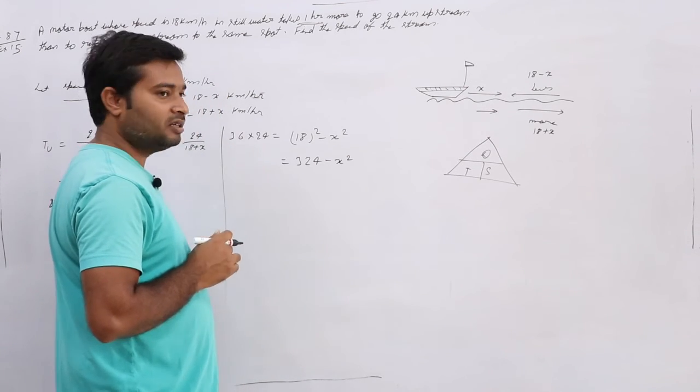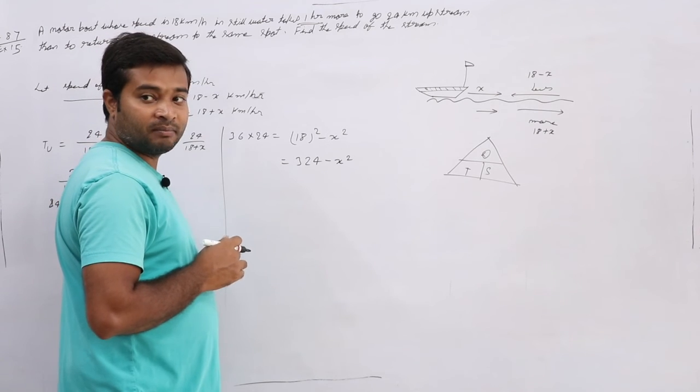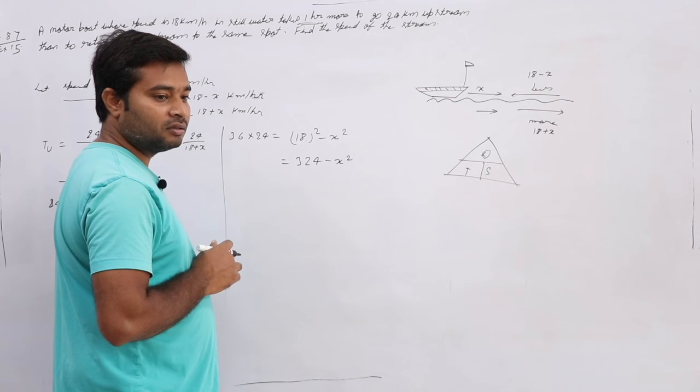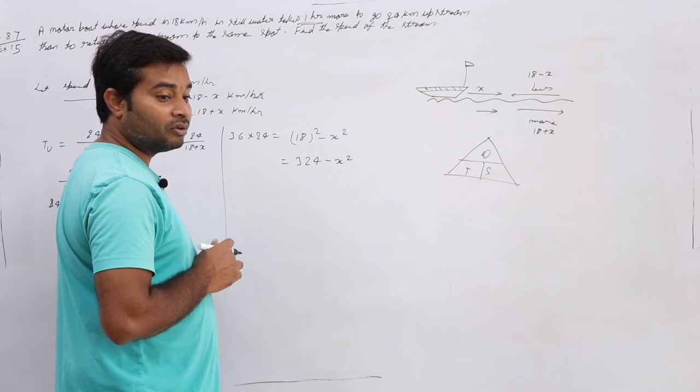Now this one, multiply and say 36 into 24. Multiply and say fast. What are you thinking? 24, not 4.